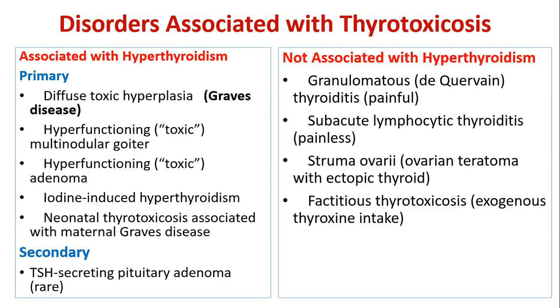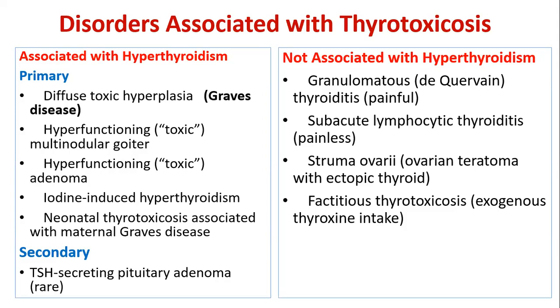So these are the other causes: subacute thyroiditis, which will have a painful presentation. Just to keep in mind, subacute lymphocytic thyroiditis, where you see a thyrotoxic state possible. Struma ovarii, as I mentioned, ovarian teratomas with ectopic thyroid gland, and factitious thyrotoxicosis, exogenous thyroxine intake.